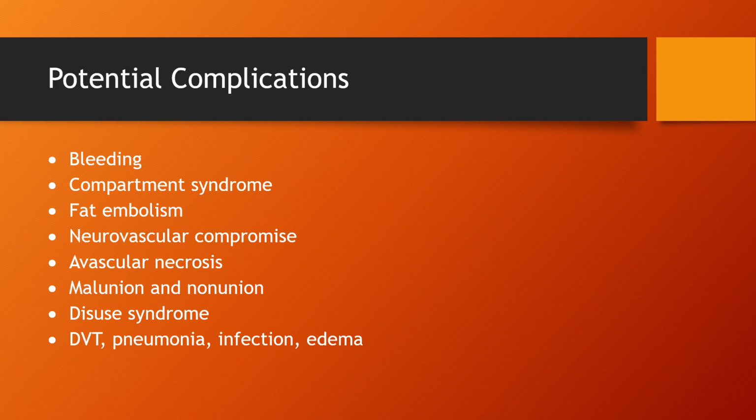Fat embolism is caused by fractured long bones or soft tissue trauma, and it oftentimes can happen 24 to 72 hours after the initial injury. What you're going to see is hypoxemia, respiratory insufficiency, even to the point where the patient might need to be put on a ventilator. So what kind of symptoms might you see?